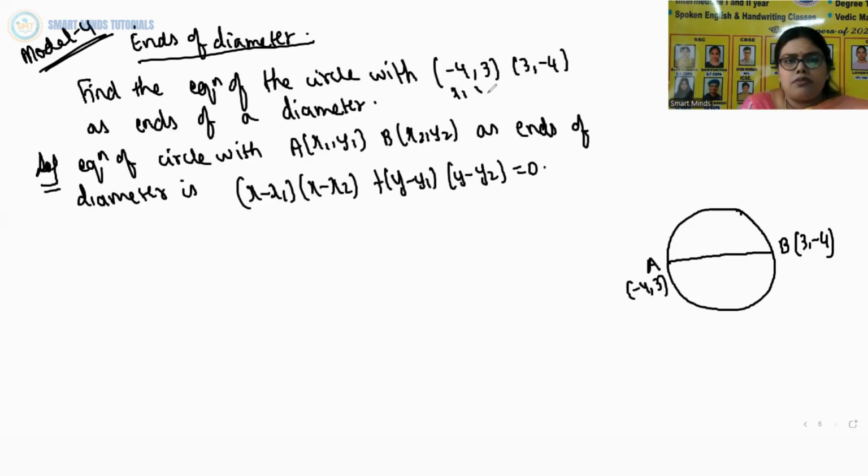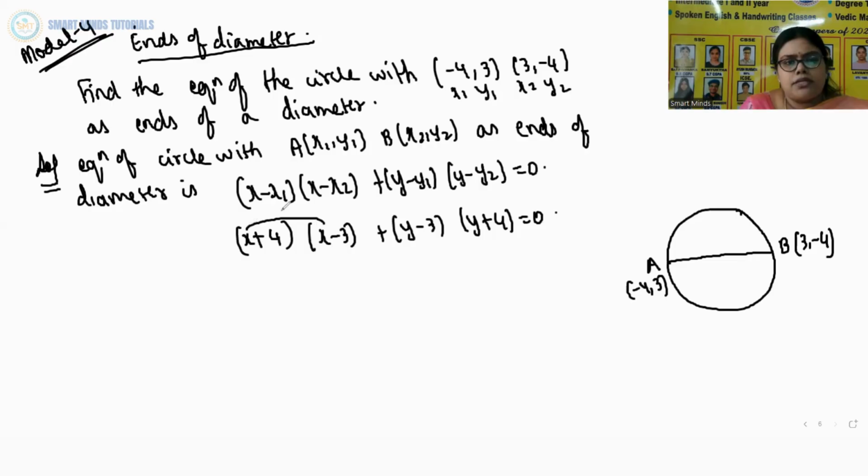So this is x1 y1, this is x2 y2. So x plus 4 into x minus 3 plus y minus 3 into y plus 4 is equal to 0.